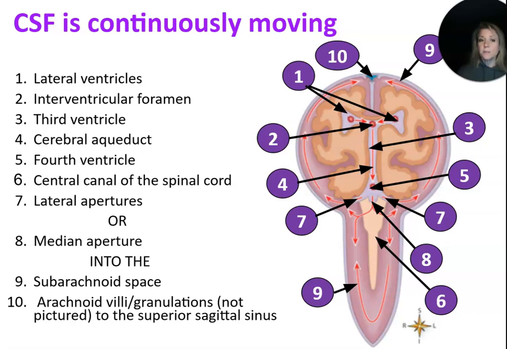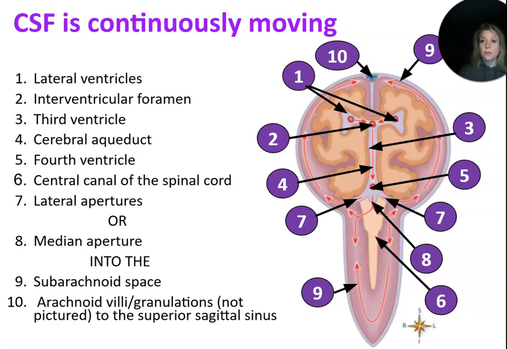Number four, the cerebral aqueduct. Number five is the fourth ventricle, but in order to see it in this drawing, they didn't draw the cerebellum because we're looking at the back of the brain now. Number six is the central canal of the spinal cord.